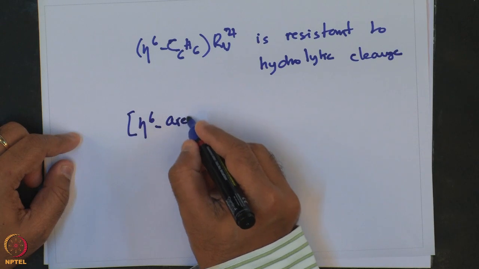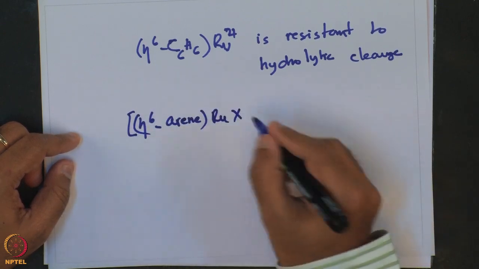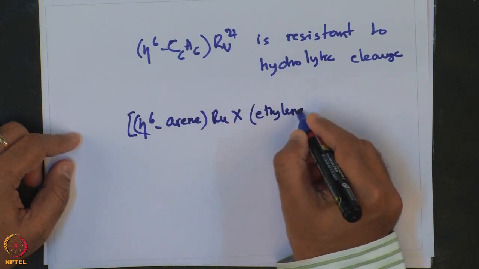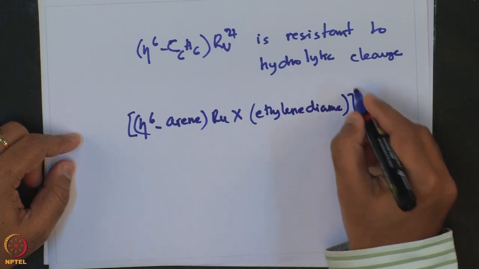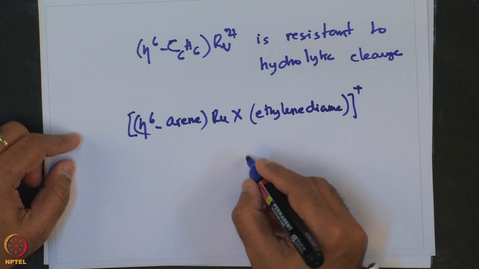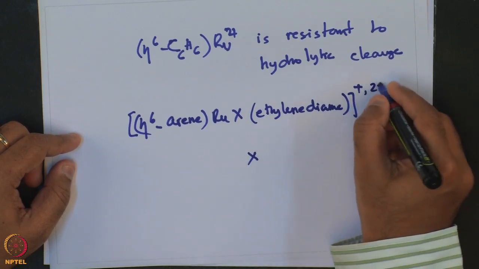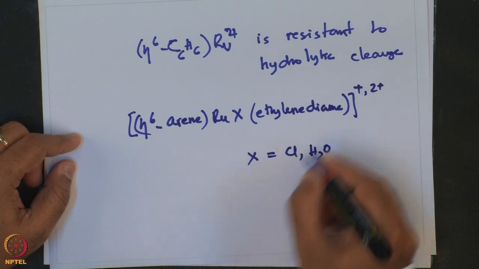eta 6 arene ruthenium X ethylenediamine, plus or 2 plus. X can be chloride or water.